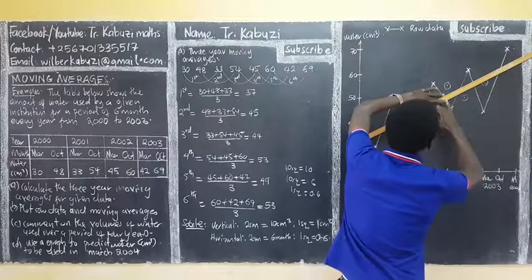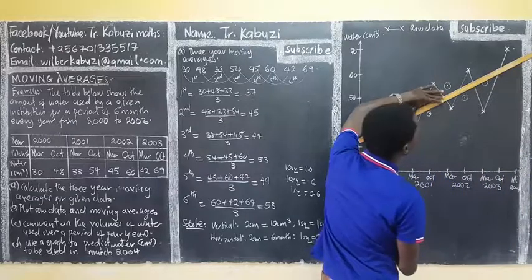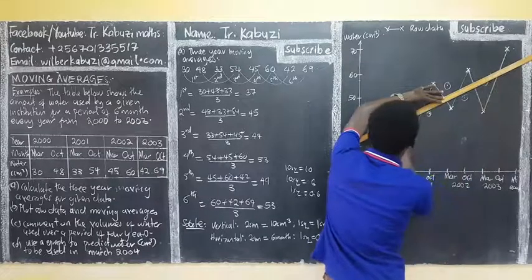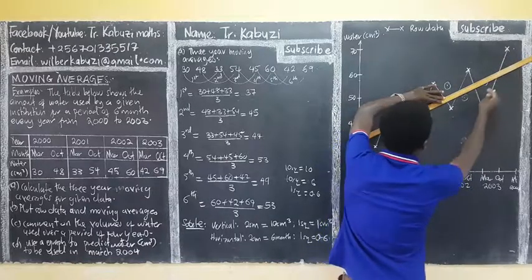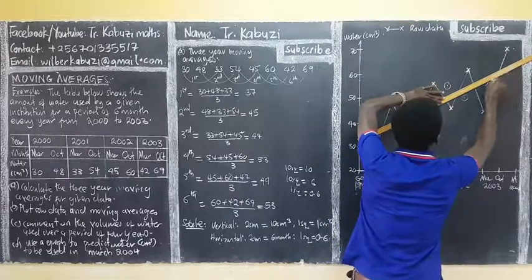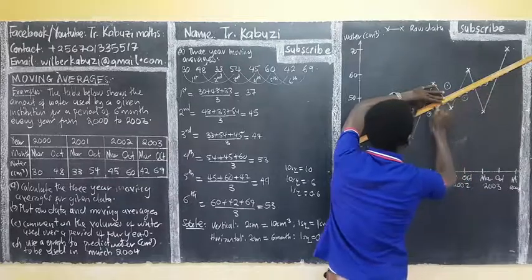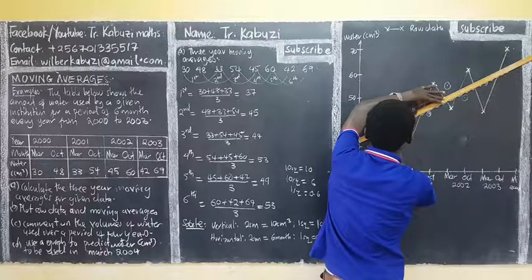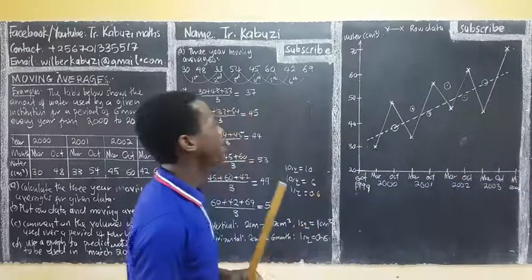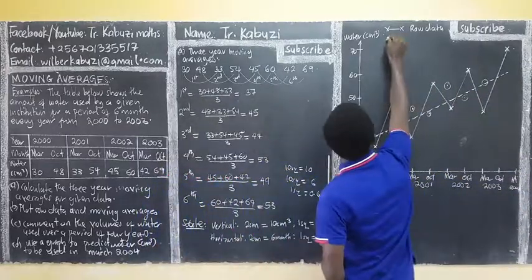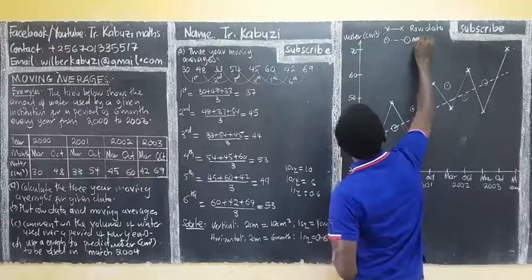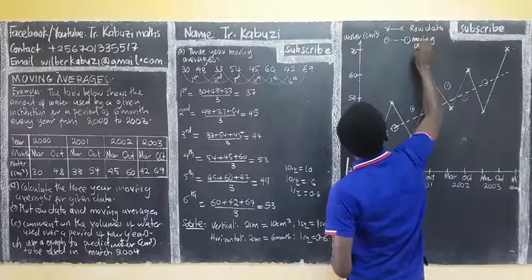But now, to join them, I'm going to use dotted lines so that I can differentiate the lines here. So that's how I draw my line of best fit. This is our moving averages.